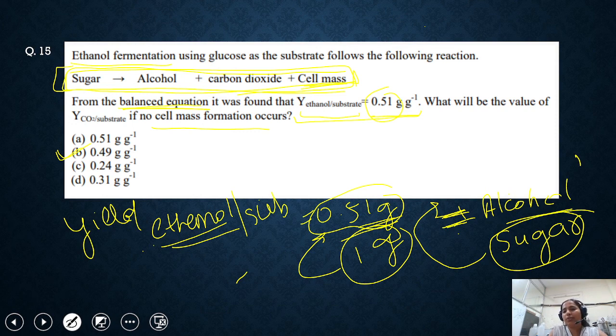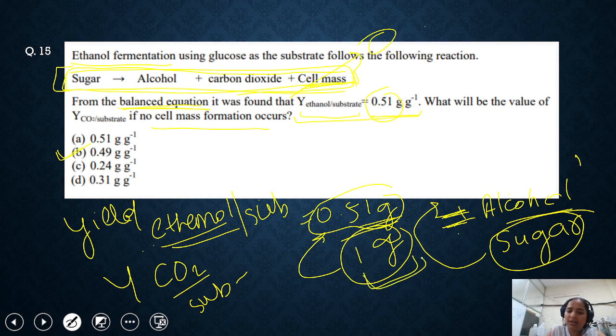Then they are asking what will be the value of Y CO2 by substrate. They are asking how much CO2 will form, or what the yield is. If no cell mass formation occurs, meaning cell mass is 0, then from 1 gram, 0.51 gram of alcohol is formed. Then the remaining part of this substrate, what will it form? It will form the CO2 because there is no third product forming.